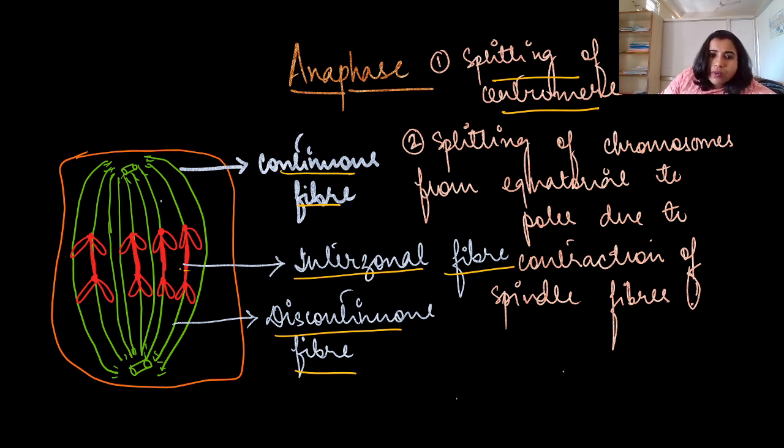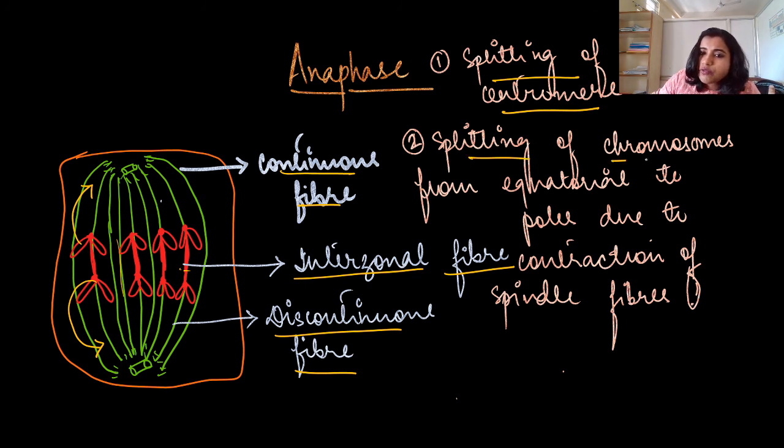Here both will move to the opposite poles. This will move to this pole, and this will move to this pole. This is done with the help of this thread-like structure, which we call spindle fiber. Clear, everyone? So this is what we call interzonal fiber, continuous fiber, discontinuous fiber.